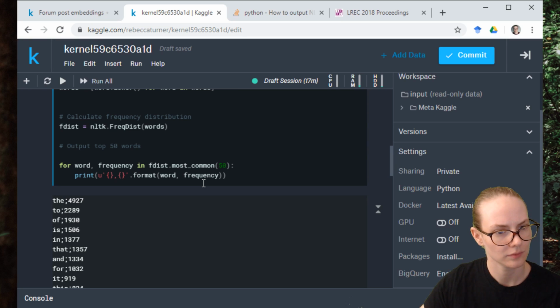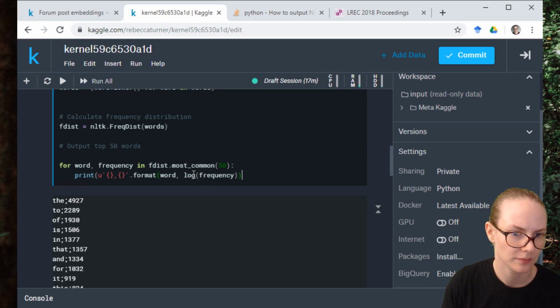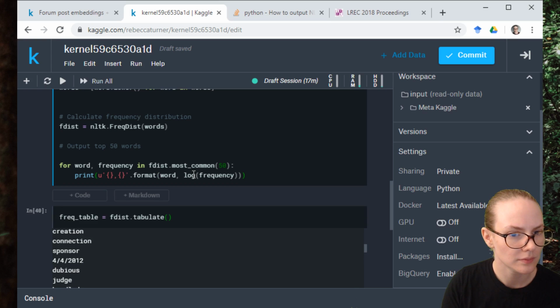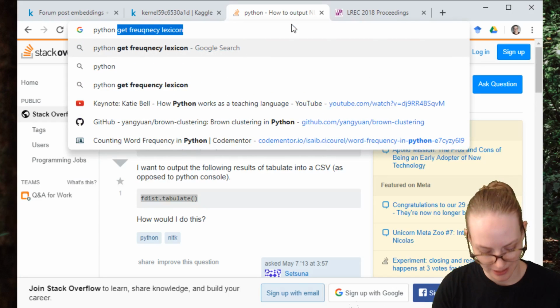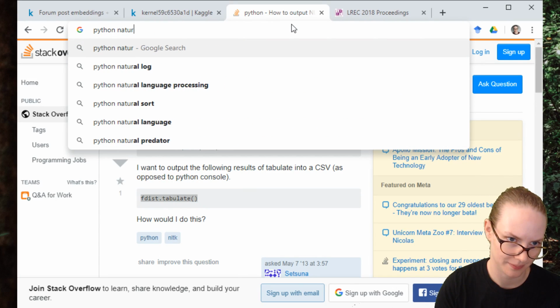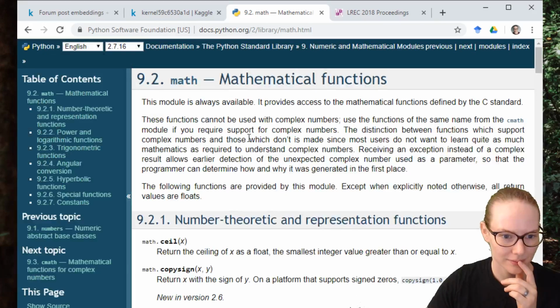Can I print out the log? No. I have to use NumPy, don't I? Log isn't built into Python. Python natural log. And the natural log of the base.